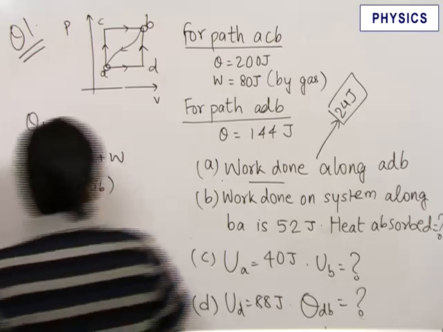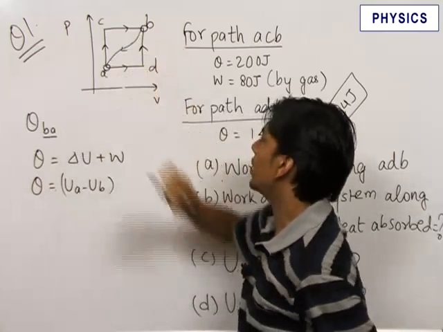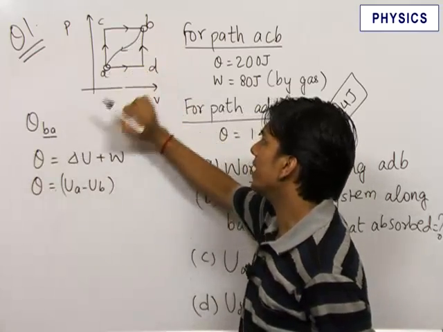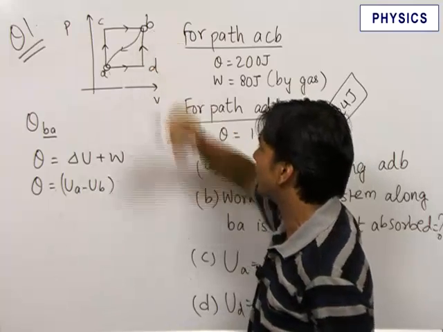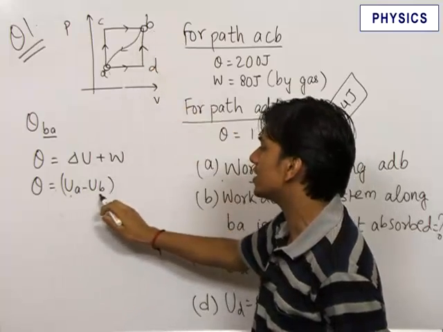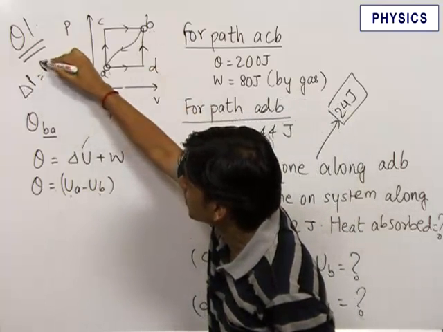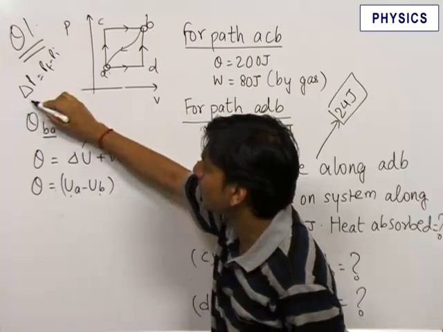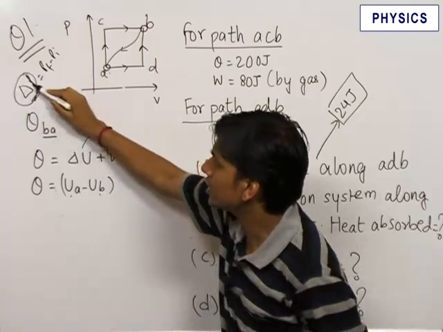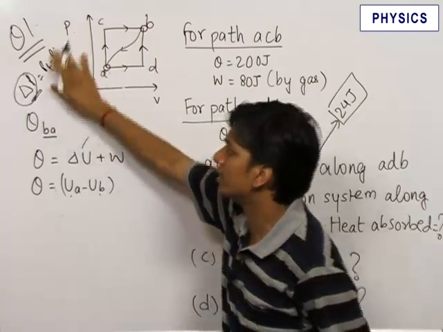This is because the path is from B to A. Therefore the final point is A and the initial state is B. Therefore we write final minus initial.